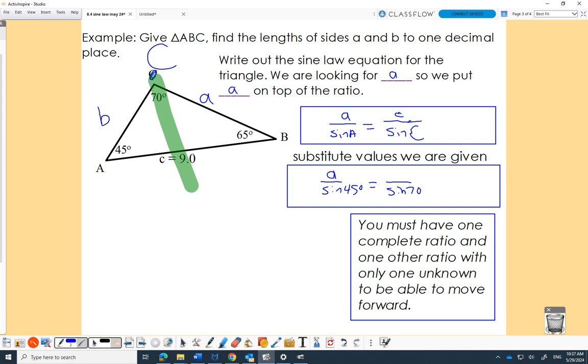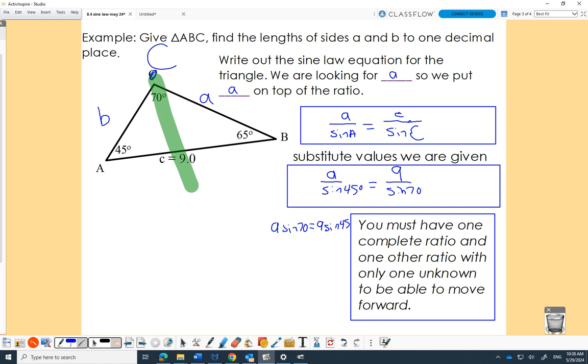A. 9. Yeah? And then, okay, good. You said it out loud before. Didn't even ask. And then you cross multiply. Yes? So I get A sine 70 equals 9 sine 45.